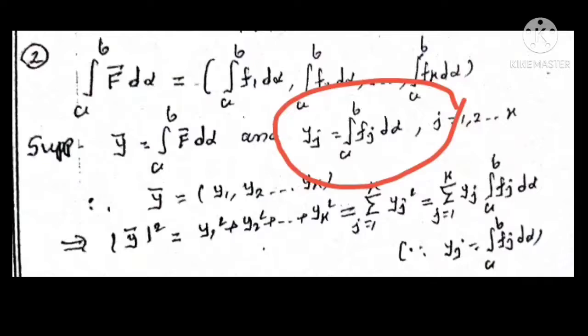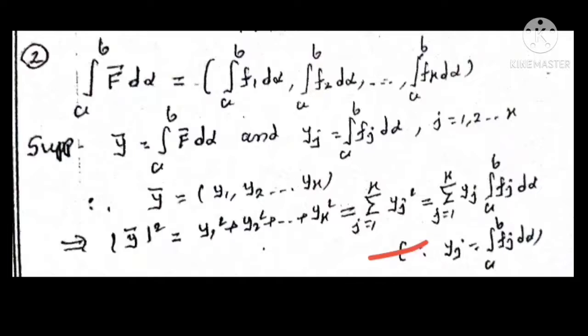Therefore, sigma j equal to 1 to k yj square is equal to sigma j equal to 1 to k yj into RS integral of fj with respect to alpha on closed interval ab, because yj is equal to RS integral of fj with respect to alpha on closed interval ab.